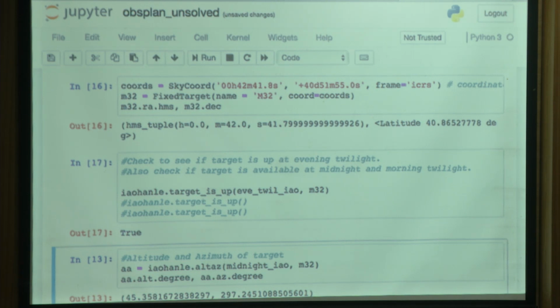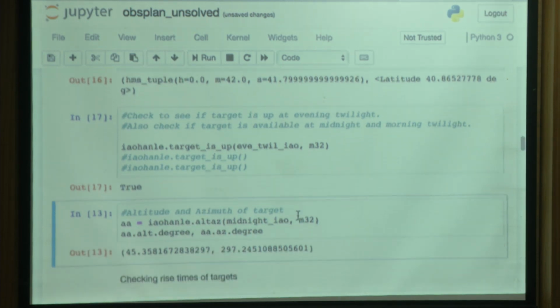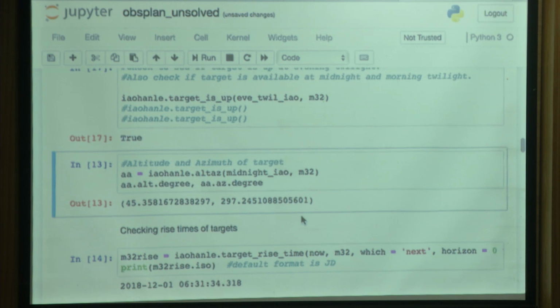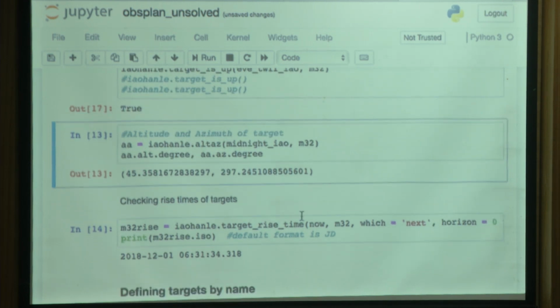Well, it is, right? Any doubt? Right. So M32 is up. Well, that doesn't mean we can necessarily observe it at evening twilight. We also need to know how high it is up, but at least it's available above the horizon.